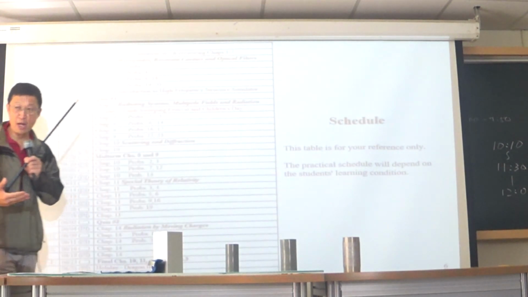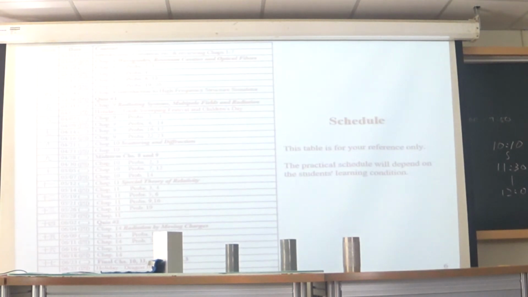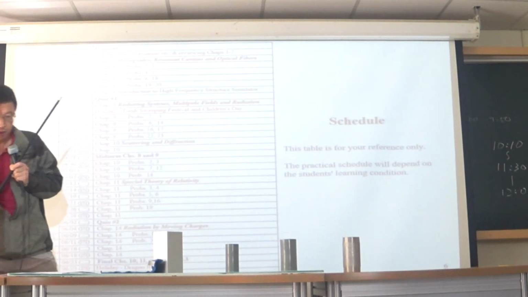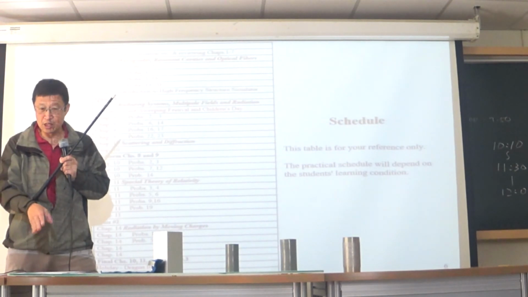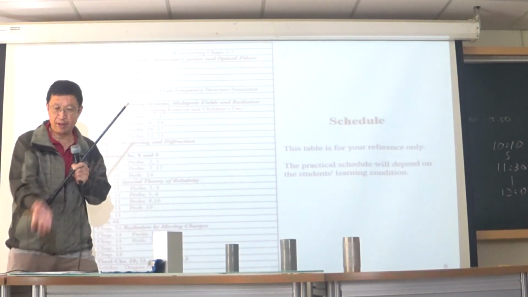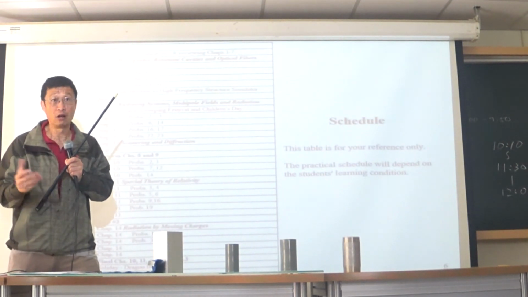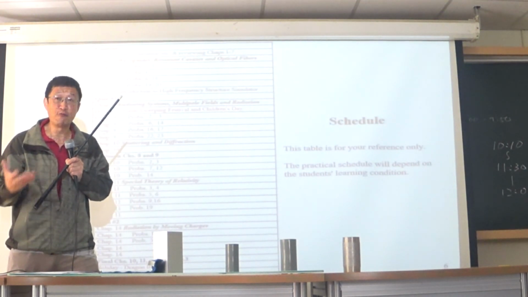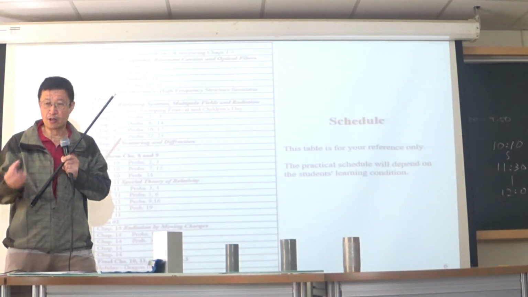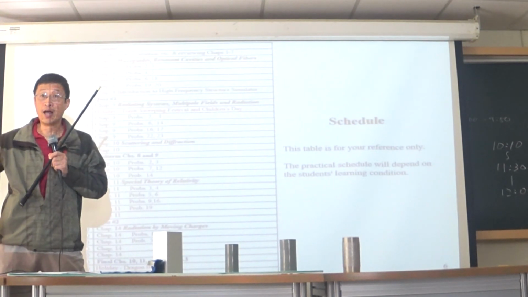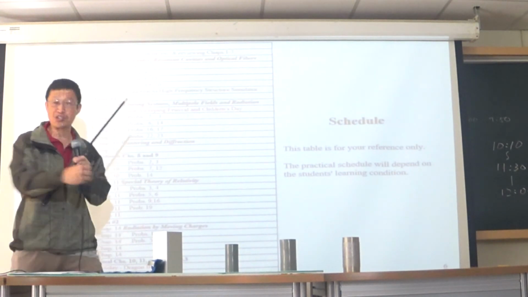Now just imagine you have a bunch of electrons, a bunch of charges, an electron beam here, and you have an electric field or magnetic field. You can modulate. How to modulate? Lorentz force. Lorentz force tells you the force on the charge due to E field and B field, and the charge will speed up or slow down.